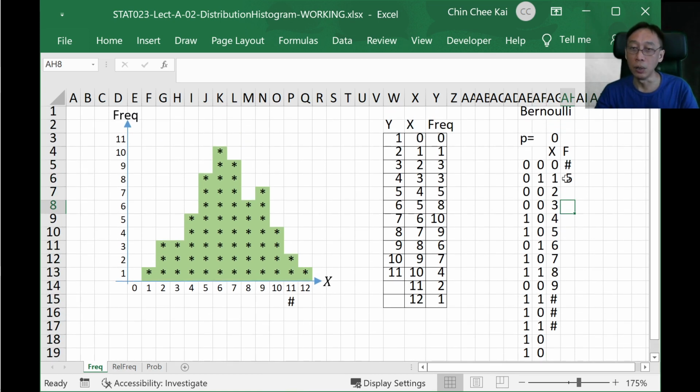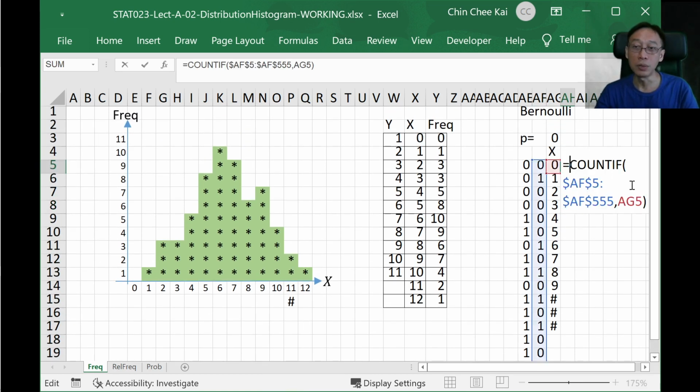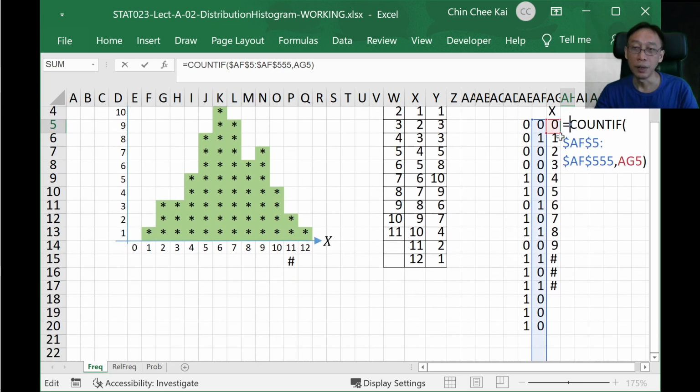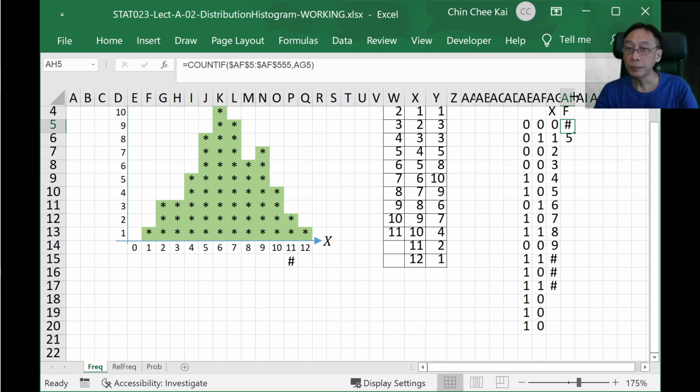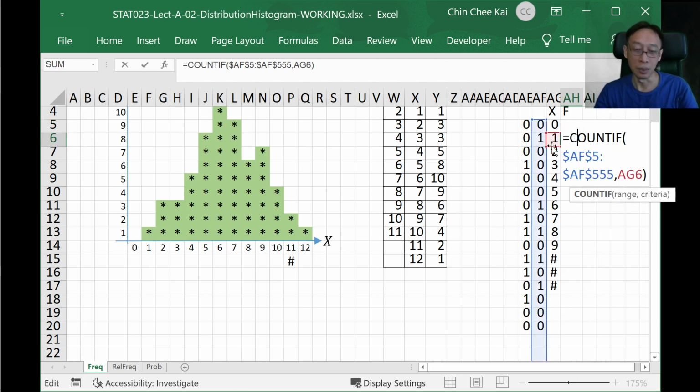And then I will perform a COUNTIF. COUNTIF takes in this blue box, the entire set of values, and counts the occurrences of zeros. Then I will copy and paste this number to the next one to look for any value that is equal to 1. And of course, I don't need to do that for 2, 3, and 4 because I know it's never going to happen.